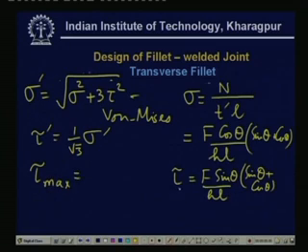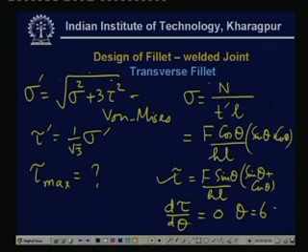From this relationship, if you know this tau here, then to get tau max, first we will have to differentiate d tau d theta and set that to be 0, which gives the relationship for theta. If you carry out these calculations, then theta becomes 67.5 degree.